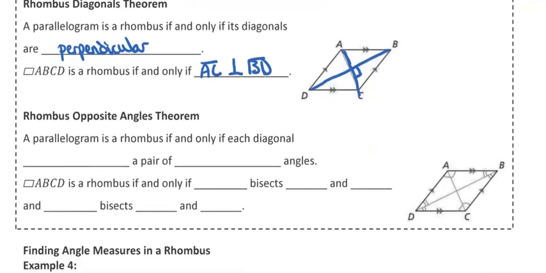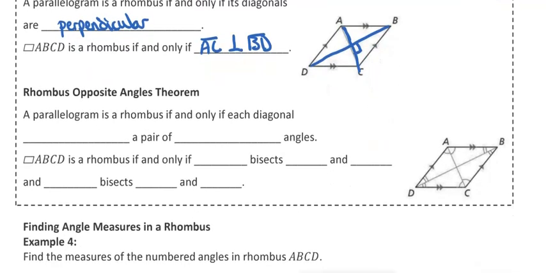All right. The rhombus opposite angles theorem: a parallelogram is a rhombus if and only if each diagonal bisects a pair of opposite angles. So what that means is, if you have AC right here, AC bisects angle A, meaning it cuts angle A into two equal parts.